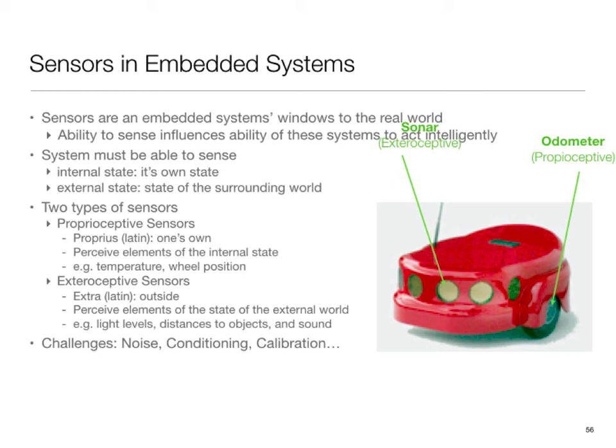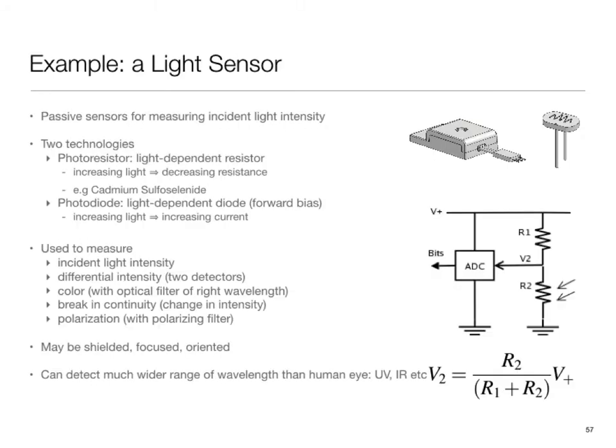All these sensors suffer from a common set of challenges: they are not ideal. At the very first level, they suffer from noise and calibration and lack of conditioning and all those kinds of issues. Sensors in embedded systems traditionally have been fairly simplistic.